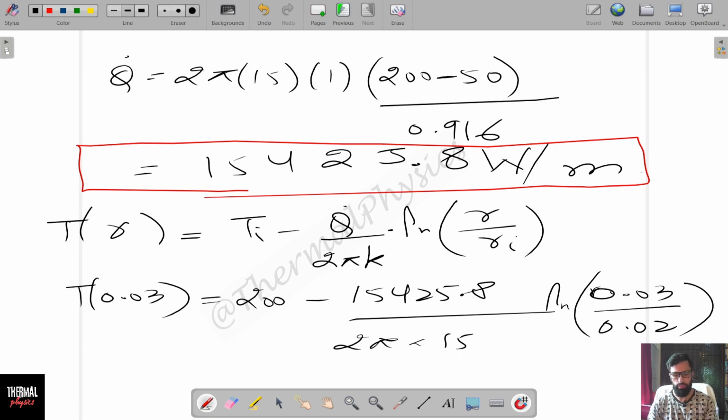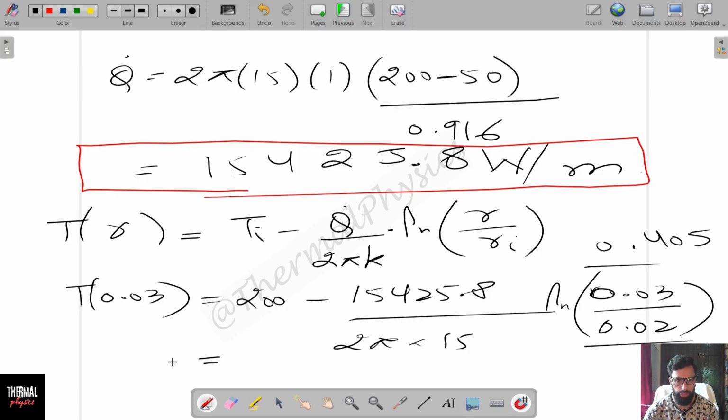Let's solve this first. ln of 0.03 divided by 0.02 is 0.405. Let us solve all the terms now. 200 minus 1542.78 divided by 2 divided by 3.14 divided by 15, multiplied by 0.405.